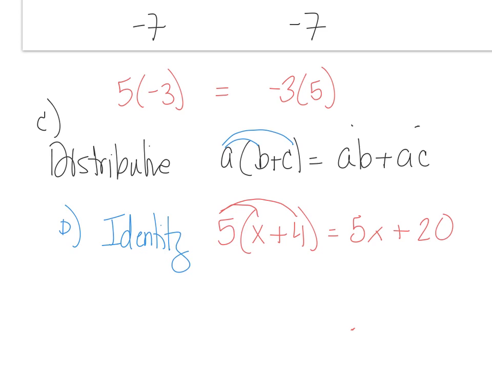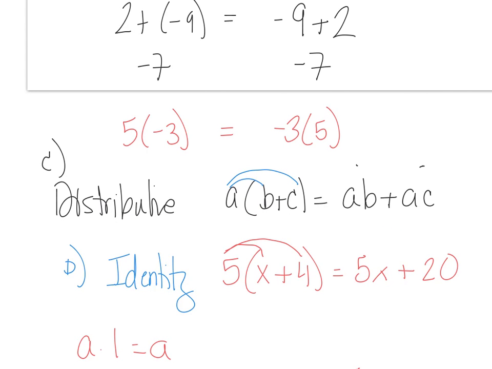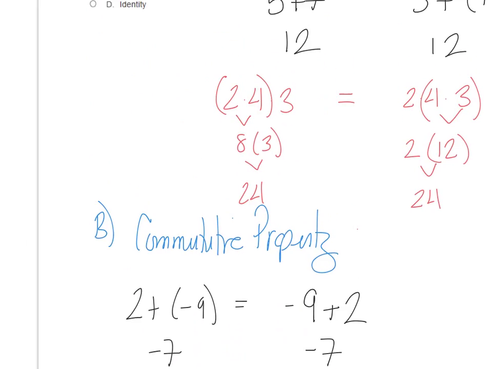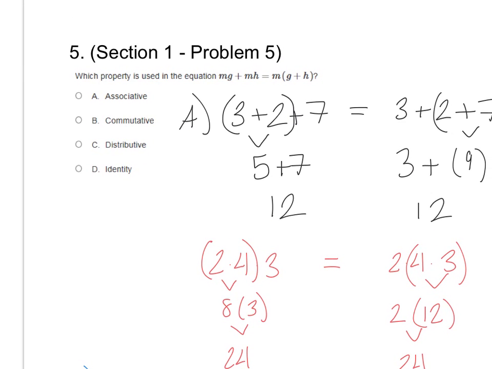So the identity property says if you take a times 1, that's going to equal a. So if I actually plugged in numbers into that, it would mean if I take any number, negative 15, and I multiply it by 1, I always end up with that same number. That's the identity property.